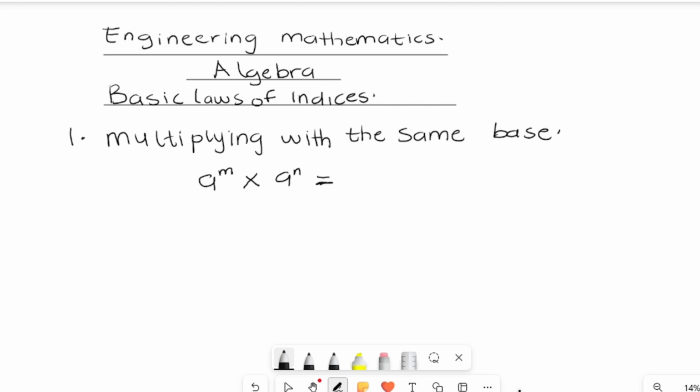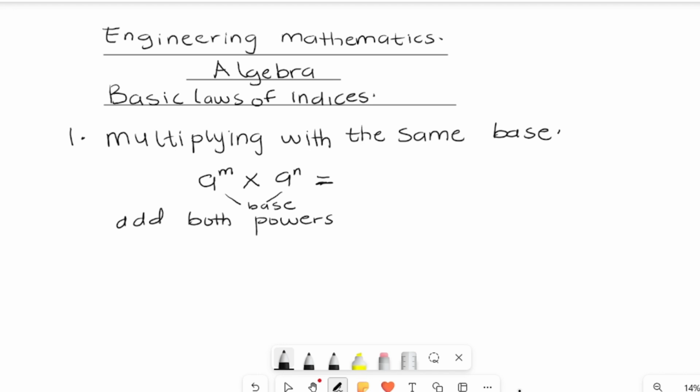since the law says multiplying with the same base, you simply add both powers. Take note. So if we add both powers, we'll bring out the common base. This is our base, a is our base.